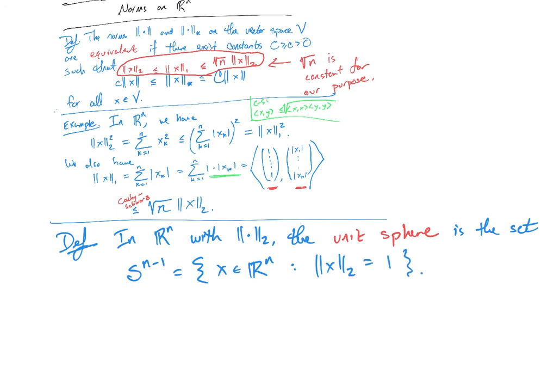So your unit sphere is all the points at Euclidean distance 1 from the origin.